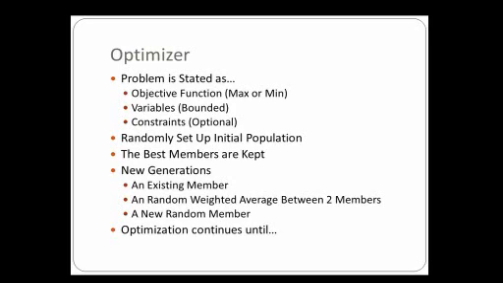From that initial population of initial guesses, the best members are kept. Then it tries to generate new members, with several possible options for how to do that. It continues until the optimizer thinks there's probably no better solution out there, as all of the solutions are getting close to each other, or there are some other terminating conditions.